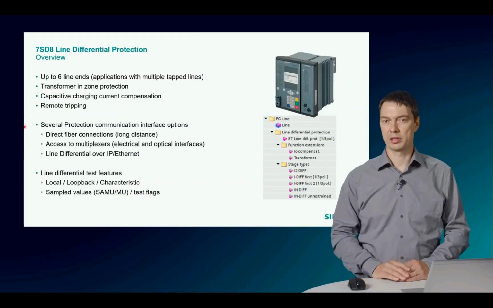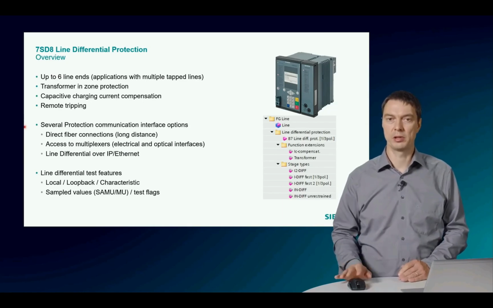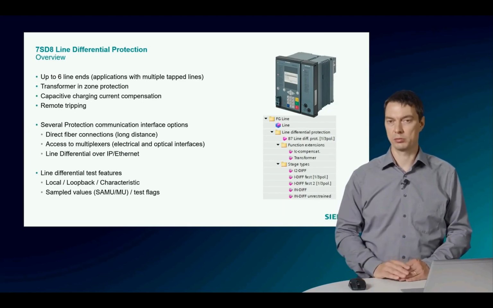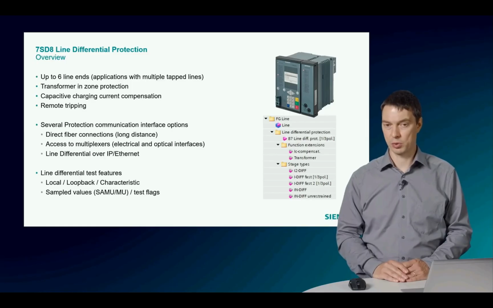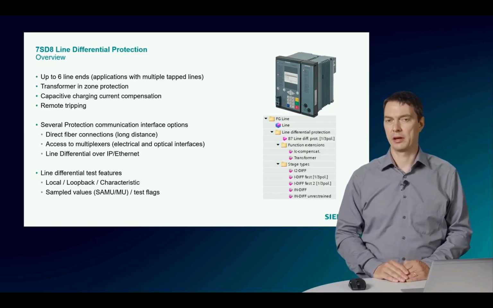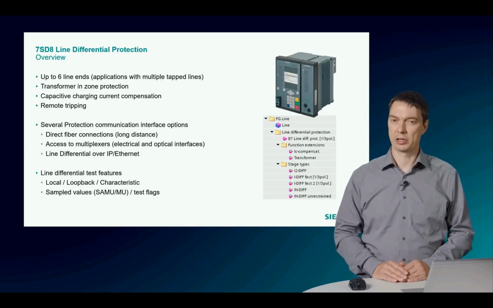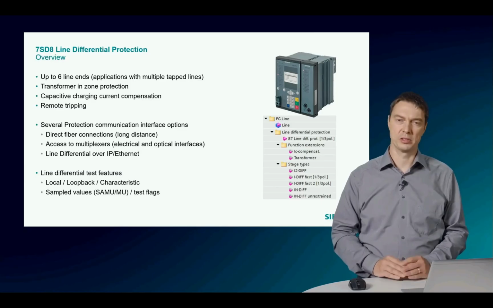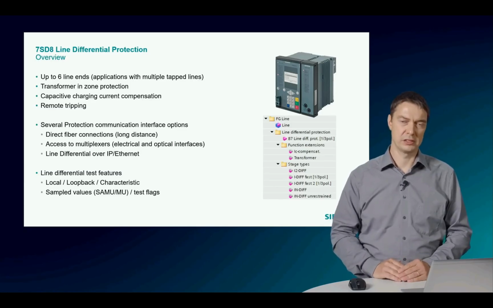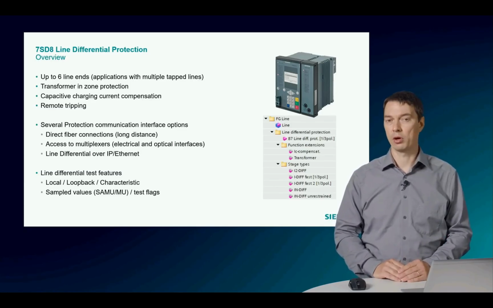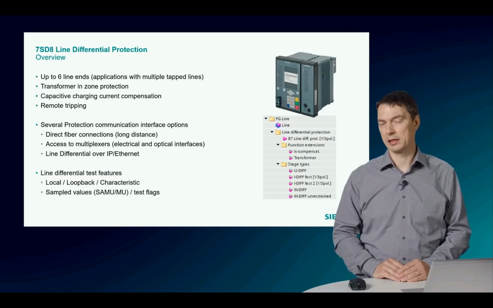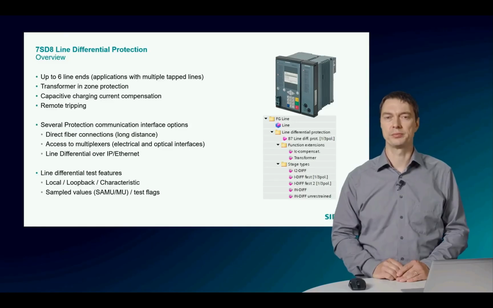Several protection communication interface options are available, including a direct fiber connection for long distances up to 100 km. There are also interfaces available to connect to existing wide area communication networks via multiplexers using optical interfaces like IEEE C37.94 or electrical interfaces like E1 or T1 using a communication converter.